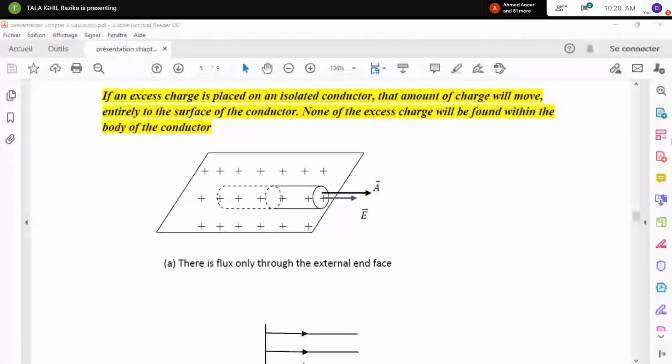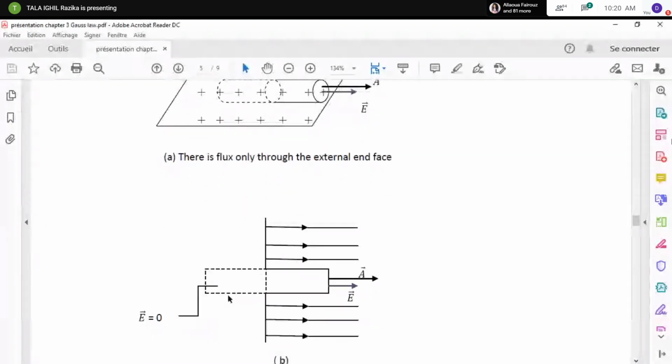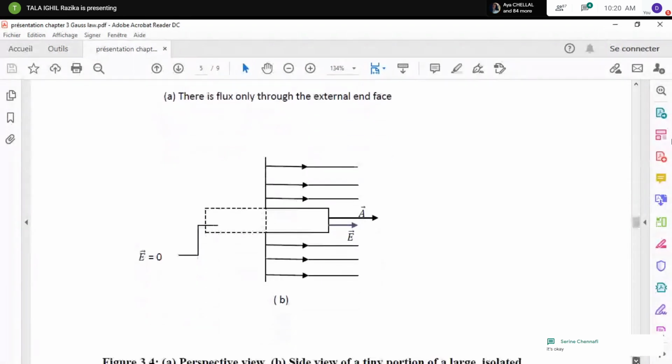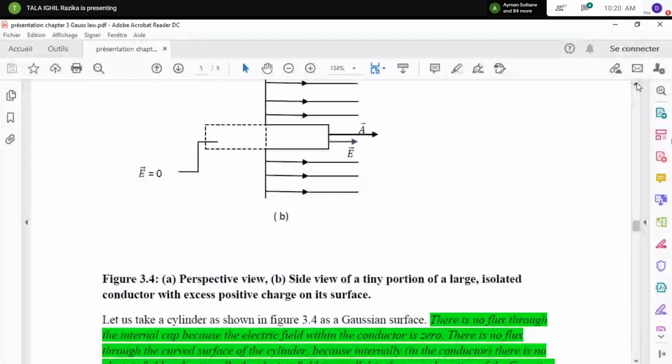So if we represent here, you remark that there is no charge, E equals 0 inside the plate, and outside you have the electric field going outside in this direction, and it is parallel to L. This is a perspective view of a conducting plate.